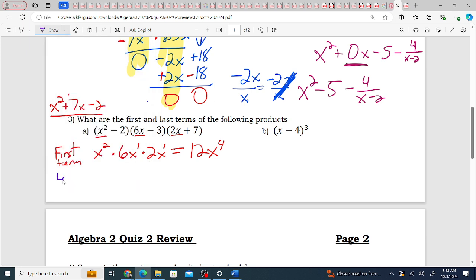So now I got the last term. So the last term, I just multiply the last terms. I got a negative 2, a negative 3, and a positive 7. Negative 2 times a negative 3 times a positive 7. Well, a negative times a negative is a positive. So that's 6. That's 6 times 7. 6 times 7 is what?